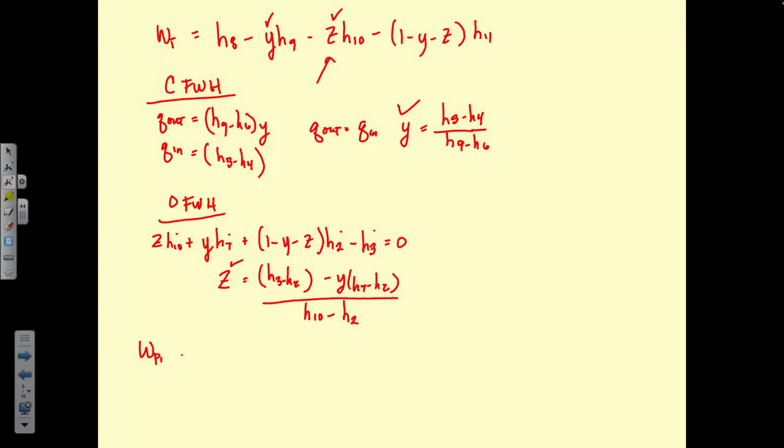Similarly, the work of pump 1 is equal to 1 minus Y minus Z times H2 minus H1. That's that first pump. And the work of pump 2 is equal to H4 minus H3.